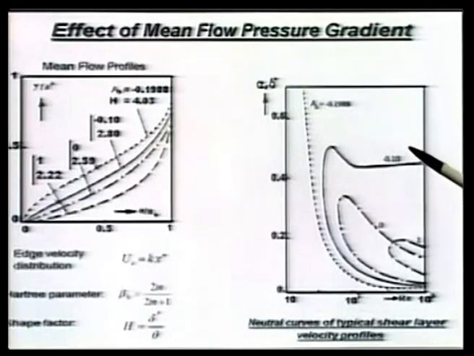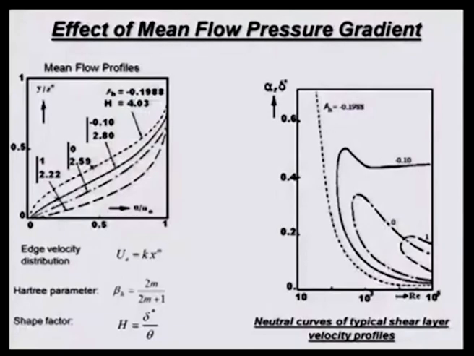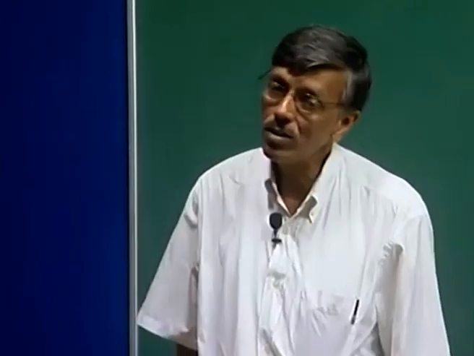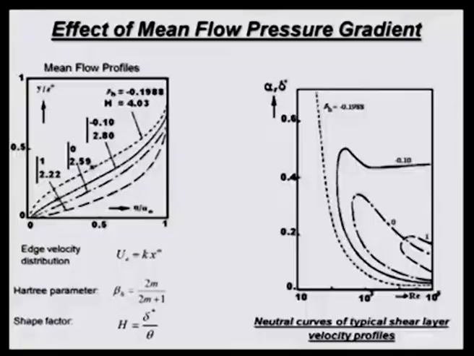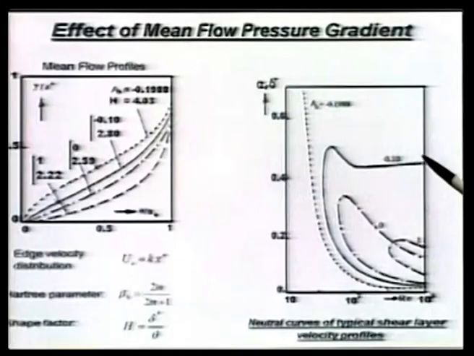In contrast, for an adverse pressure gradient, this line is kind of parallel. So, it means that this is going to remain unstable. That is one of the indications of why adverse pressure gradient flows are not good from the point of view of instability and transition.